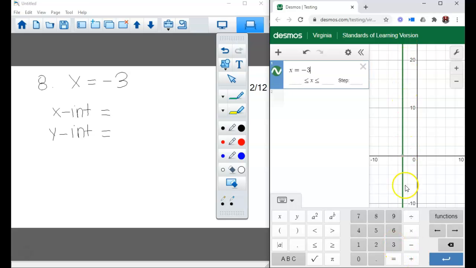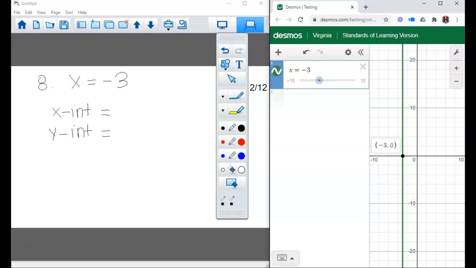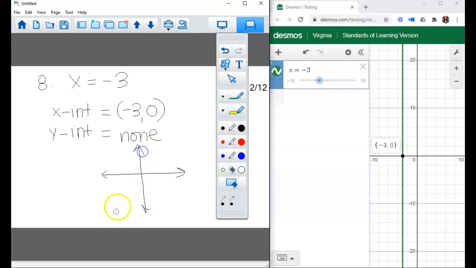Notice I get a vertical line this time. I am crossing the x-axis with this one, so I'll click where I'm crossing. The x-intercept is at -3, 0. But the line does not cross the y-axis, so this would be none. When I go to sketch, on the x-axis I'll go to -3, and then I'll draw that vertical line.